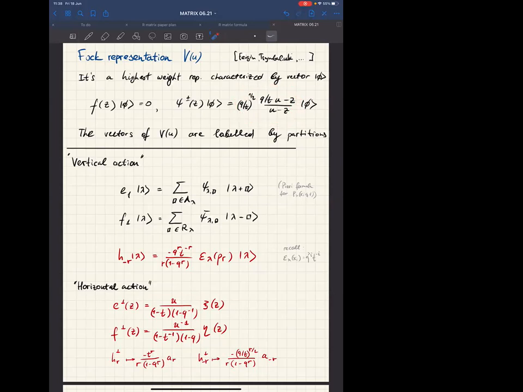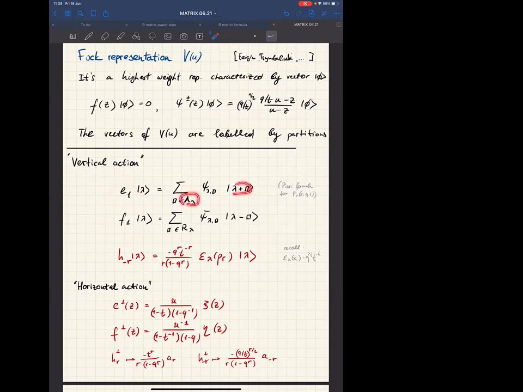And the explicit formulas for the action of the operators of the quantum toroidal algebra are written over here. So the normal, not the perpendicular operators, act as follows. We have vectors labeled by partitions, and the operators E will add a box in all possible locations.